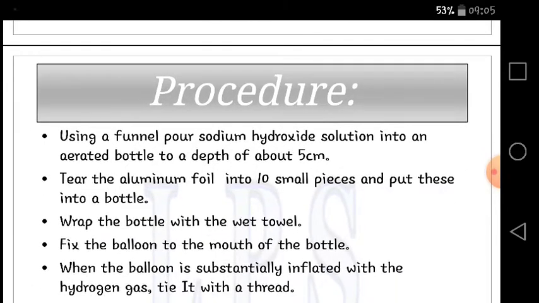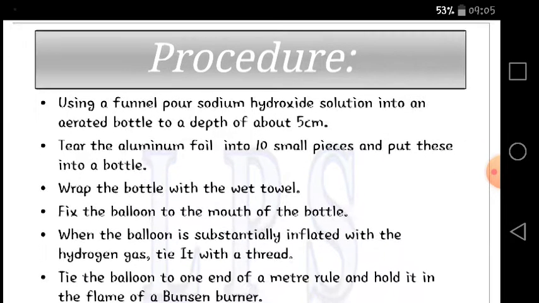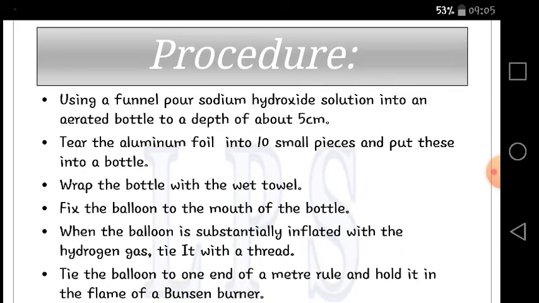The procedure which we have to follow to carry out this experiment: we are going to use a funnel for pouring sodium hydroxide solution into an aerated water bottle to a depth of about 5 centimetres. Then we have to tear the aluminium foil into 10 small pieces and put these in the bottle.